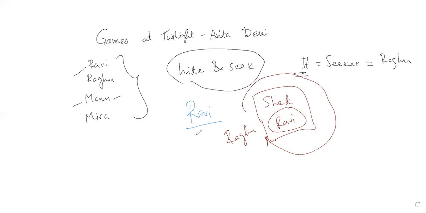So Ravi was not found by Raghu, and Ravi in the shed becomes obsessed with his hiding.